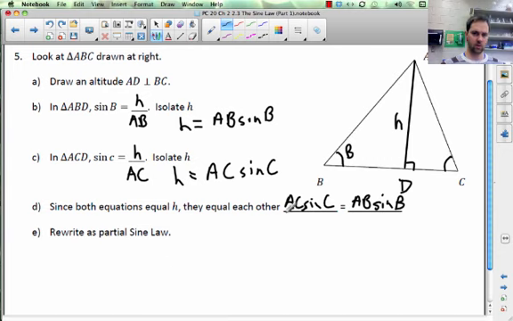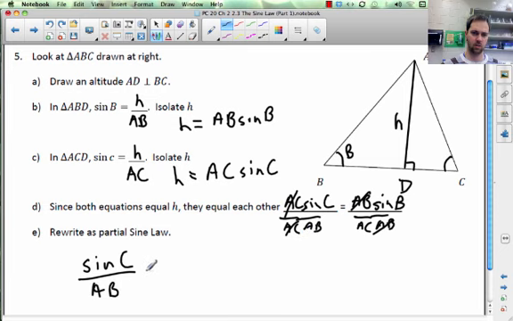Okay, so divide off AC by this side, and basically we have sine C, and then we divide both sides by AB as well. Okay, so here AB will cancel, here AC will cancel, and we're left with sine C over AB equals sine B over AC.